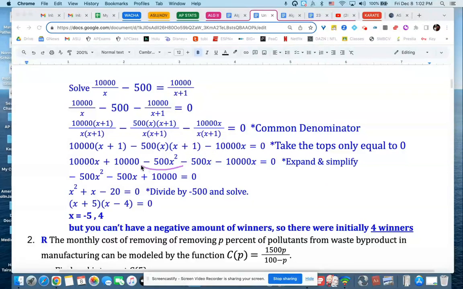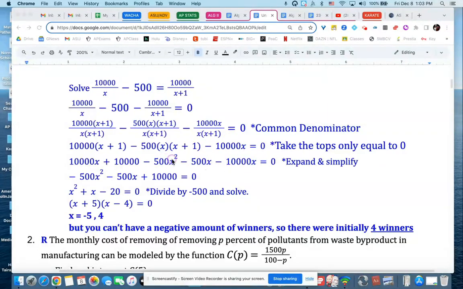And that's going to give me negative 500x squared. Then the negative 500x also needs to go into the 1. So that's going to give me negative 500x. And then the last piece here is just going to stay the same.